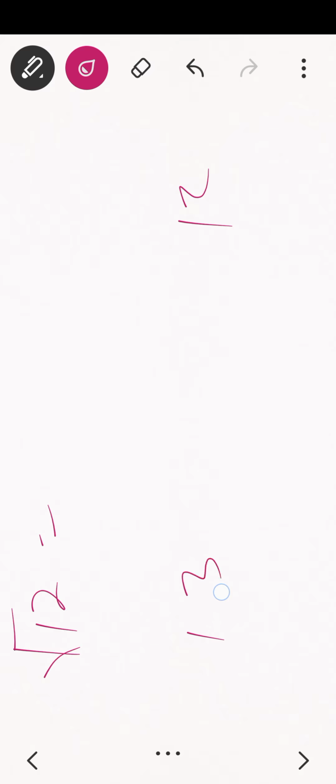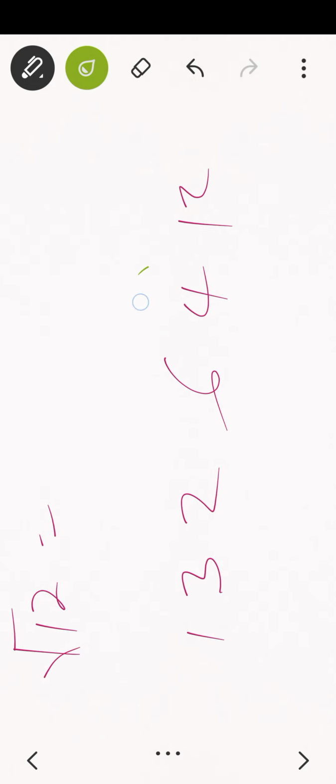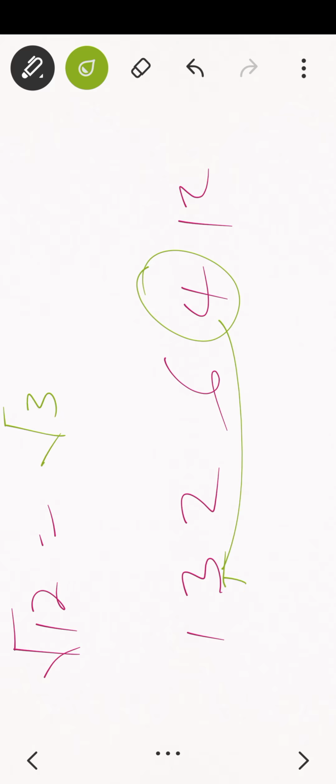We have 3 and 4. We have 2 and 6. So first, let's identify the perfect square in these factors. And the perfect square here is 4. And what times 4 will give us 12 is 3. So we express this as a product of root 3 and then by what? Root 4.